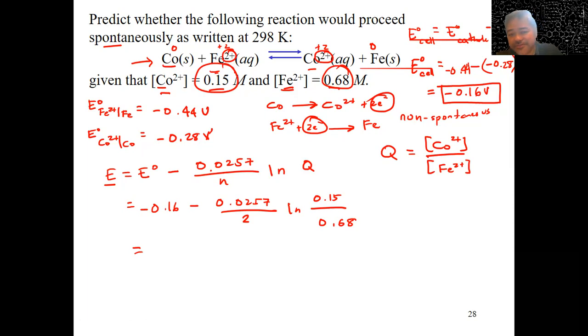So please solve. Ano yung number na nakukuha nyo pag ginawa nyo yung problem?